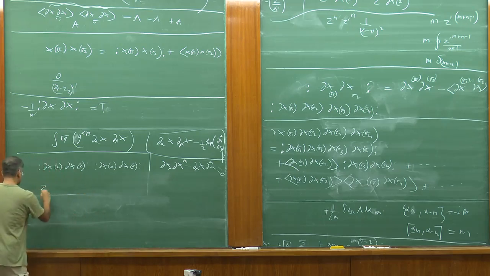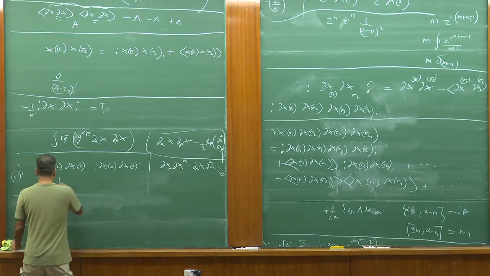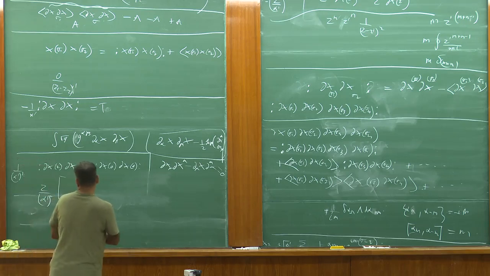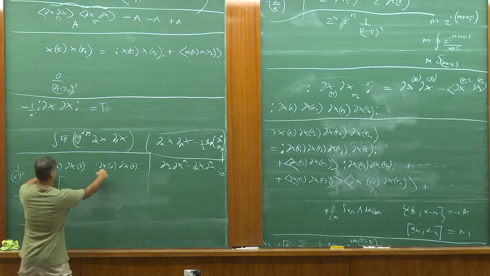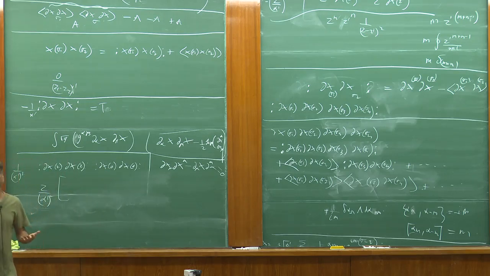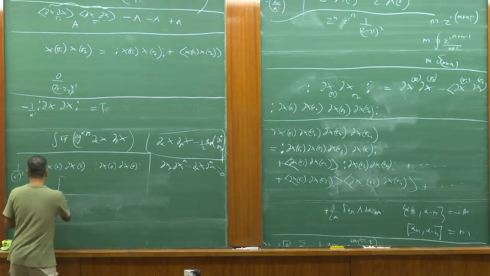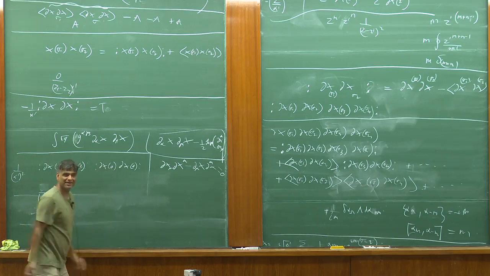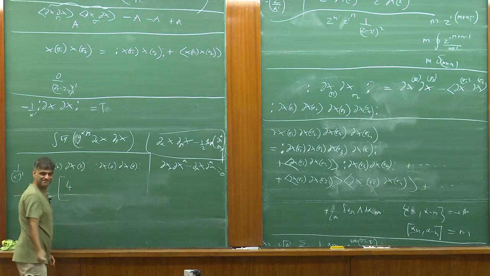So we're going to get 2 divided by alpha prime, the whole thing squared, times, now there's one term where you cross contract only one pair, or there is another term where you cross contract both pairs. When I cross contract only one pair, I have 2 choices here and 2 choices here of which to contract, so I have 4.